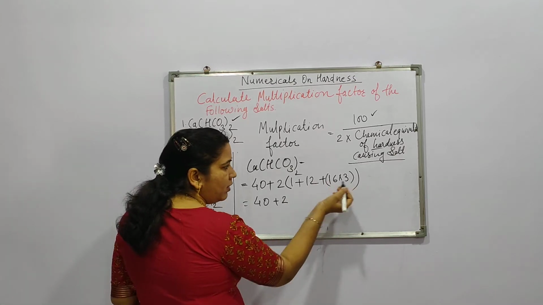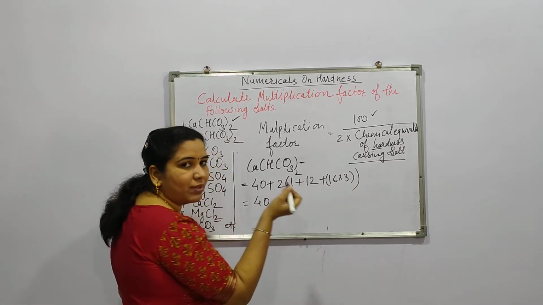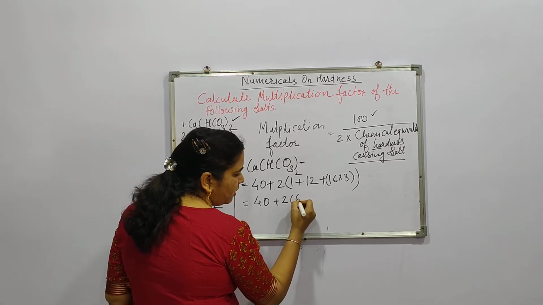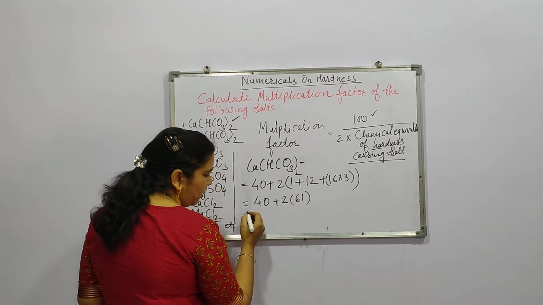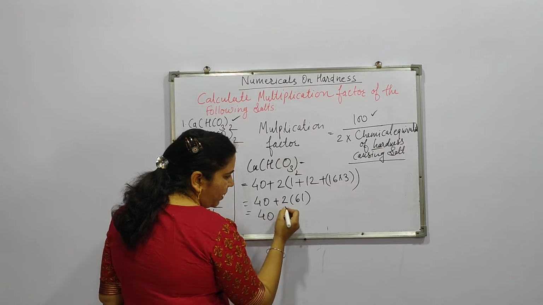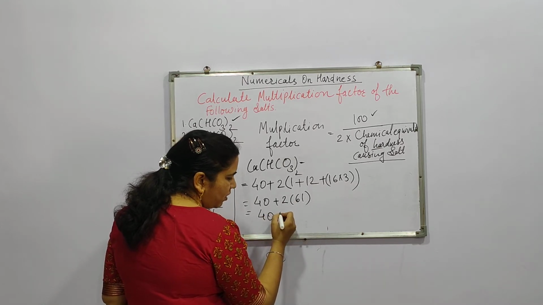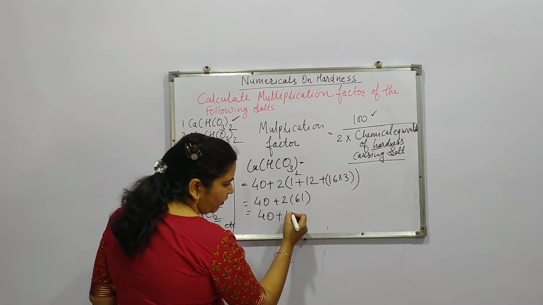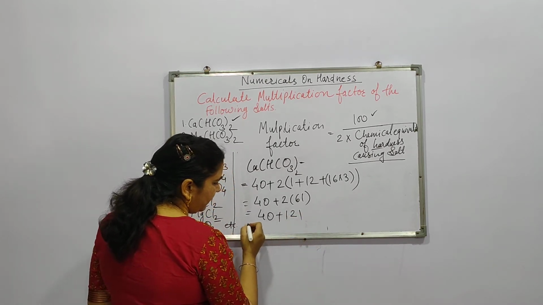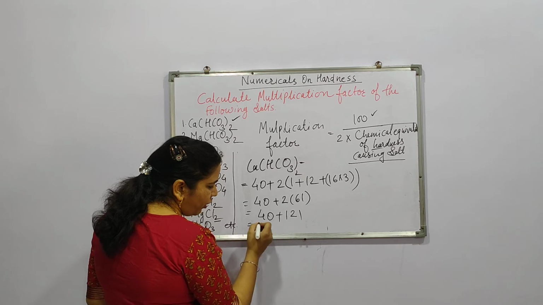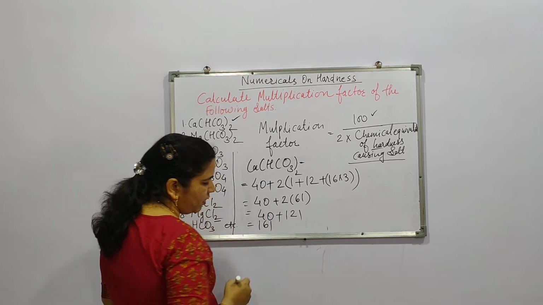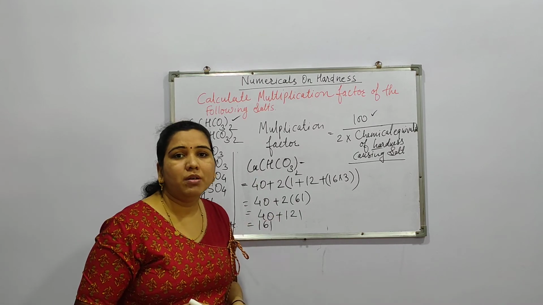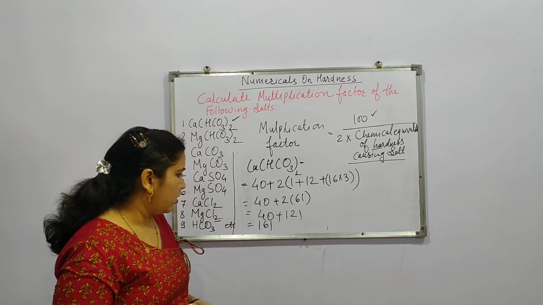So 48 plus 12 is 60, and 60 plus 1 is 61. So we can write 61 here. Then 40 plus 2 into 61, that is 121, plus 40, 161. So it will be the molecular weight of this calcium bicarbonate.